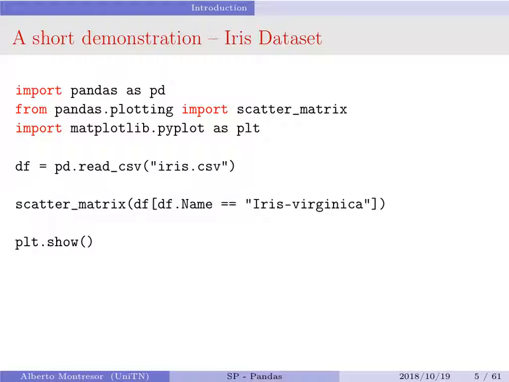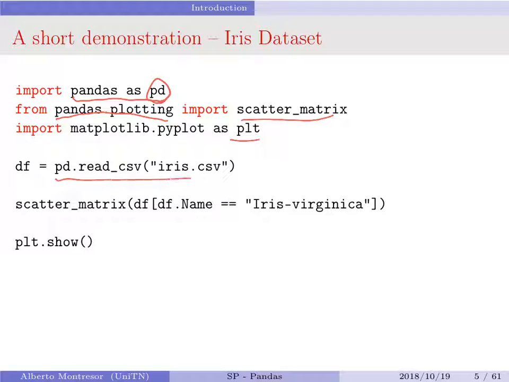And the nice part is that you can do something really, really simple like this. You import pandas, and then you want an alias to make it shorter. You import plotting, and you import a specific method of plotting, and you import the library for plotting, so for drawing plots and so on.